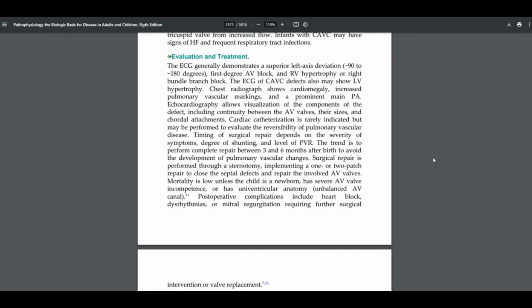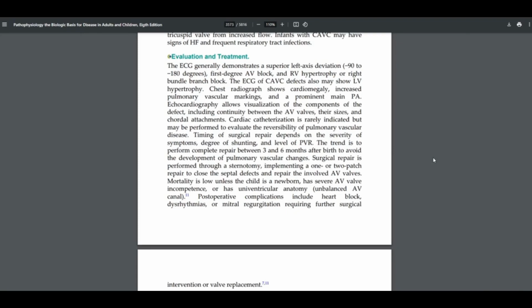The trend is to perform complete repair between 3 and 6 months after birth to avoid the development of pulmonary vascular changes. Surgical repair is performed through a sternotomy, implementing a 1 or 2 patch repair to close the septal defects and repair the involved AV valves.